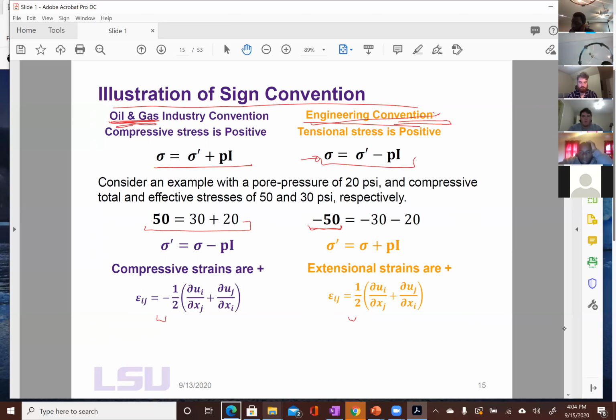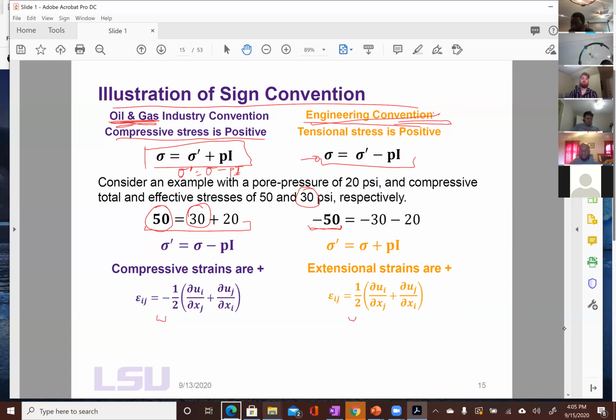So what I'd given you before is this equation right here, right? Because I had written it in terms of effective stress. Effective stress is this minus PI, right? And compressive stress is positive. So if I want to apply a total compressive stress of 50 psi, just random values to see how it works out physically, I put plus 50 because 50 is compressive. Effective stress turns out to be 30.